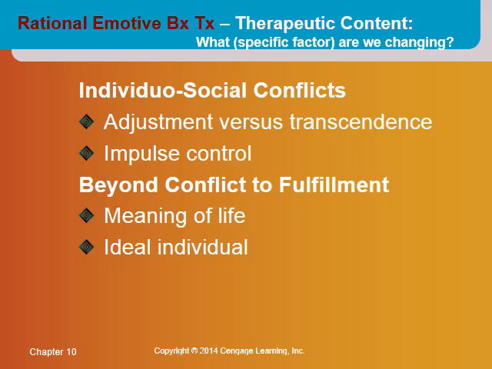In terms of individual social conflicts, Ellis talks about this in the frame of the reality of injustices and frustrations that are part of living in society. And the idea that really we can never transcend those types of injustices, and that the desire to transcend them instead of adjusting is at the source of neurosis, anxiety, depression, aggression, and that this is just very emotion driven.